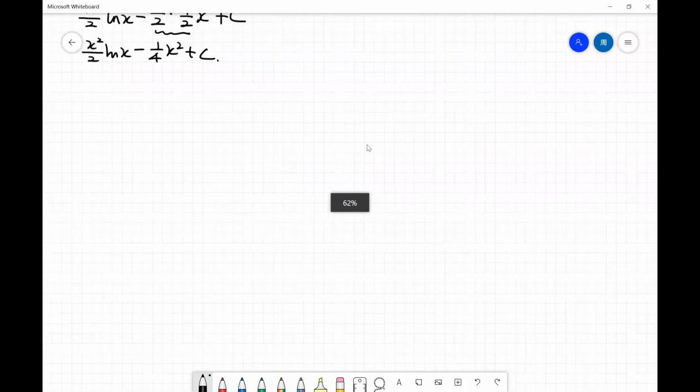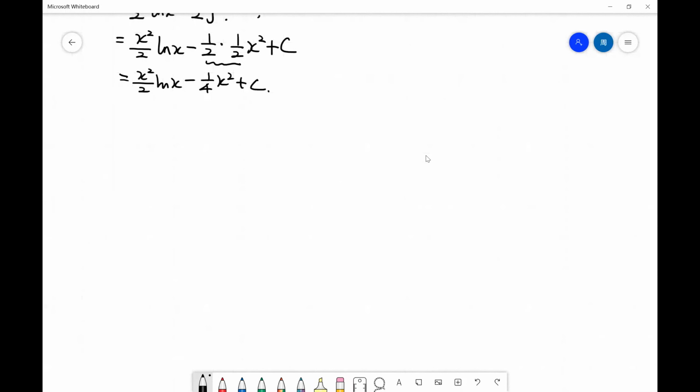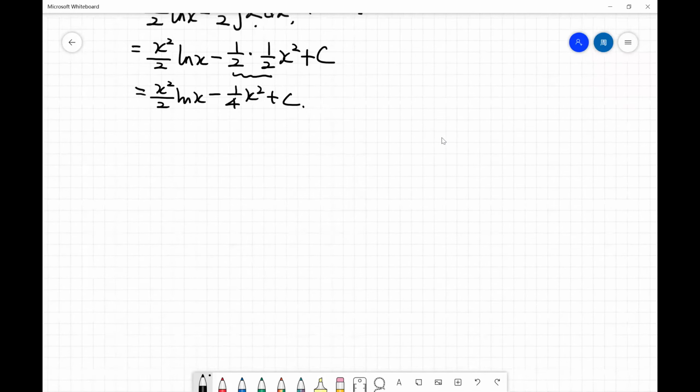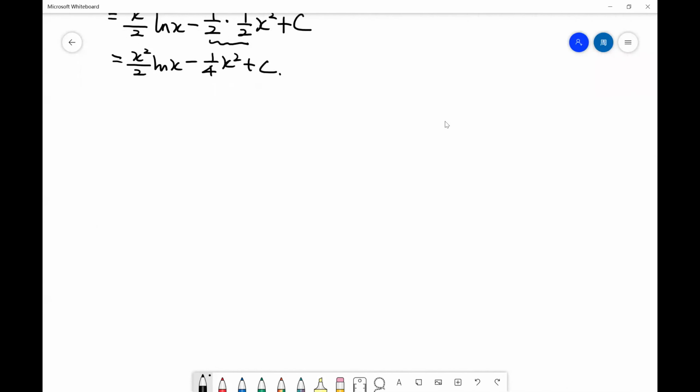Okay, so now I will give you another example here. You have to practice integration by parts by yourself this time, and show me the procedure in the WeChat group here. So maybe here is the second example. The second one is, please calculate the integral of x times cosine x dx.